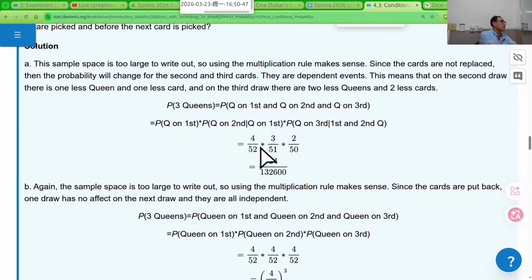Thus, multiply 3 over 51. Again, after 2 queens have been drawn, the total number is 50, and the remaining number of queens is 2. Thus, we can calculate this one and get 24 over 132,600.